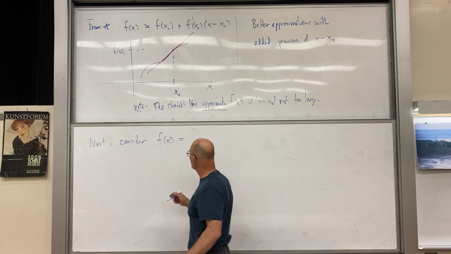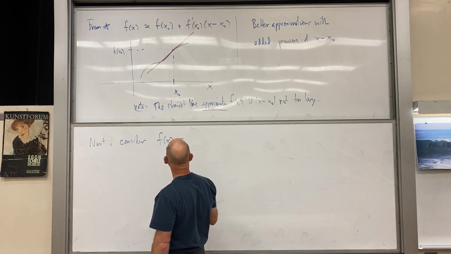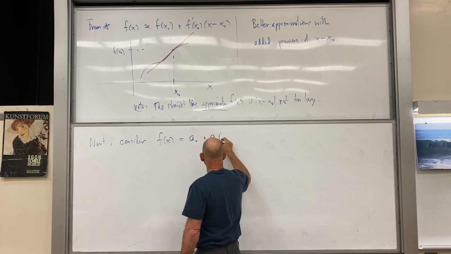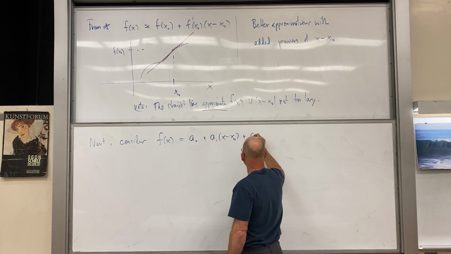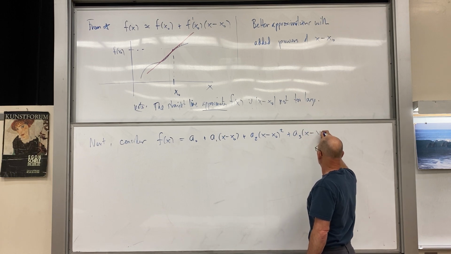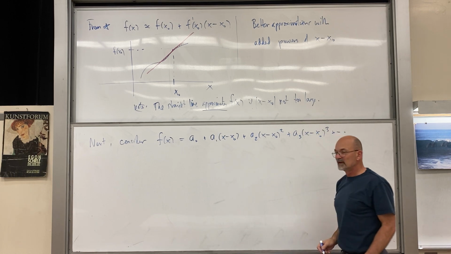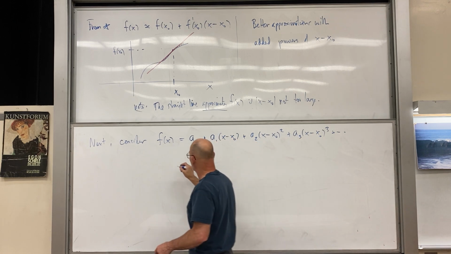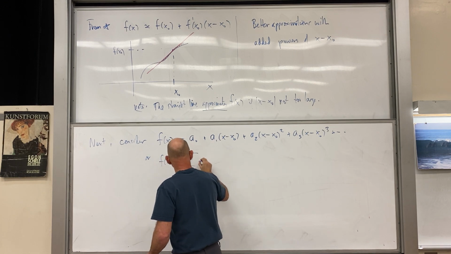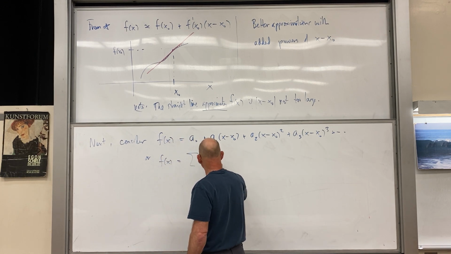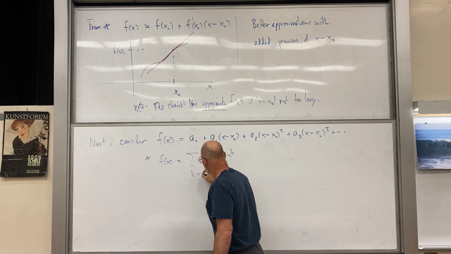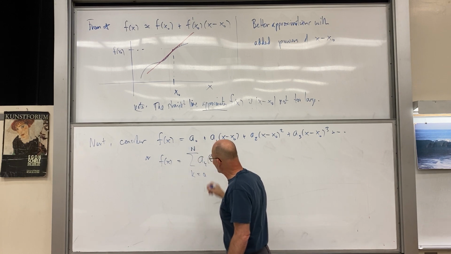So f of x equals a sub 0 plus a sub 1 times x minus x0, plus a sub 2 times x minus x0 squared, and so on. So we can also write this type of expansion as the sum of a sub k times x minus x0 to the kth power, k equals 0 to n.